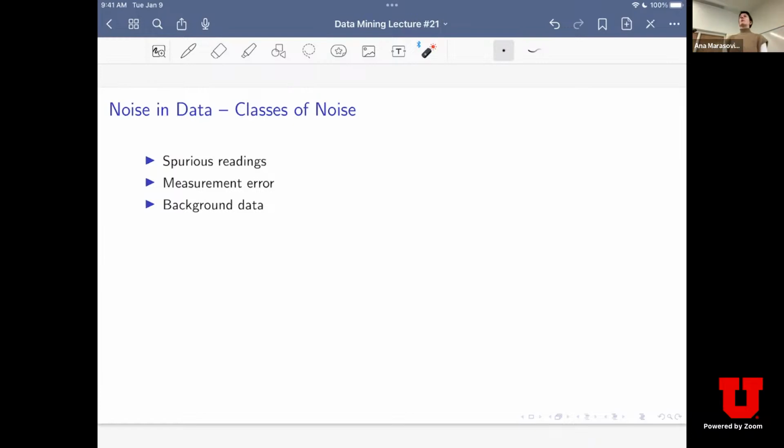But you can also have a problem where you are missing data. So, for example, and we'll get into that, if you are Netflix and you have your data matrix where in each row you have a user, and in each column a movie or TV show, then a lot of the values are going to be missing because, I don't know about you, I don't rate anything on Netflix.